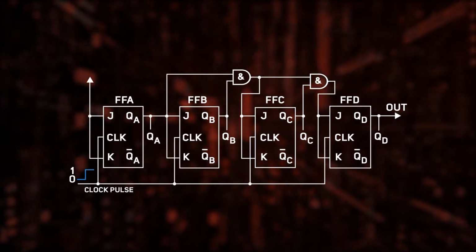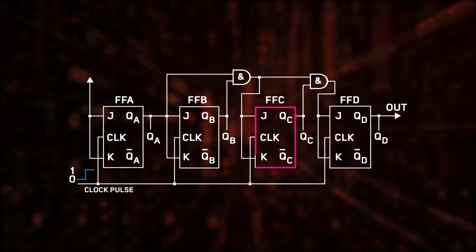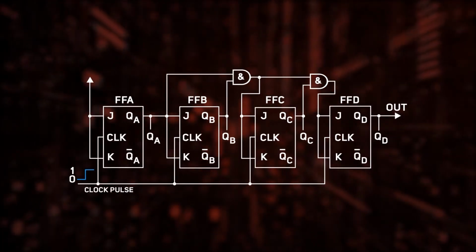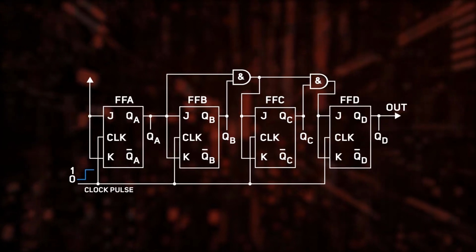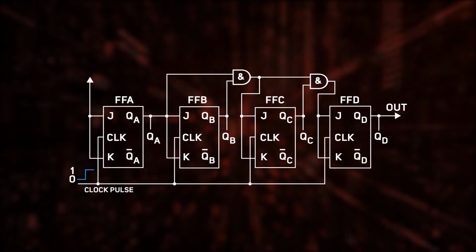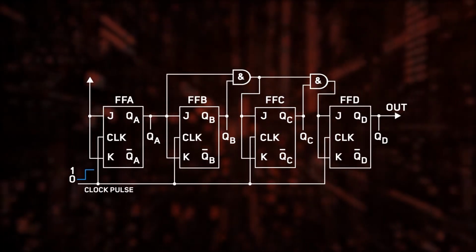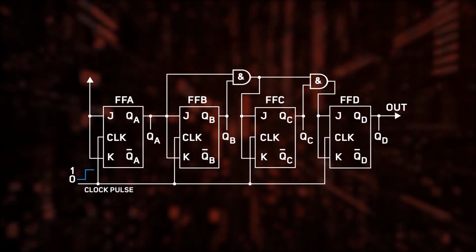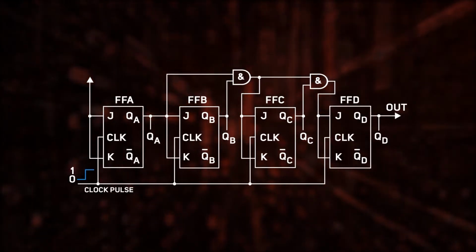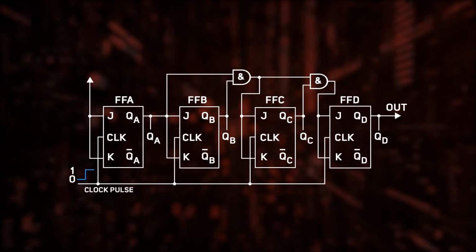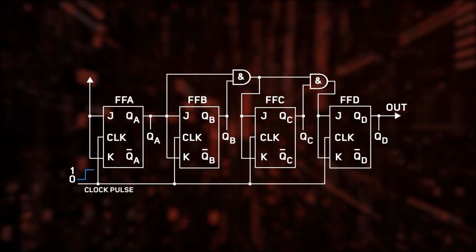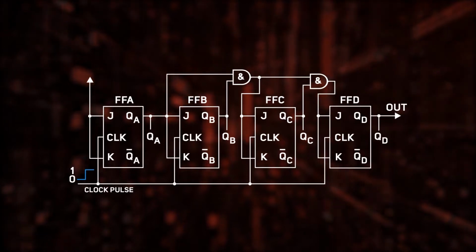Let's move to the next higher order flip-flop FFC. It should toggle only if FFA and FFB have 1 inside it. So, the design cannot be straightforward. To ensure the bits from the flip-flops FFA and FFB are 1, we use an AND gate. An AND gate is inserted before the third flip-flop with inputs QA and QB, which are the outputs of FFA and FFB.